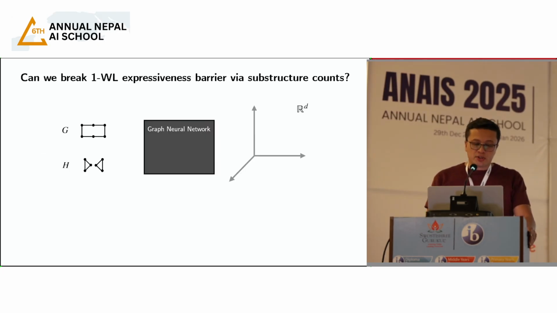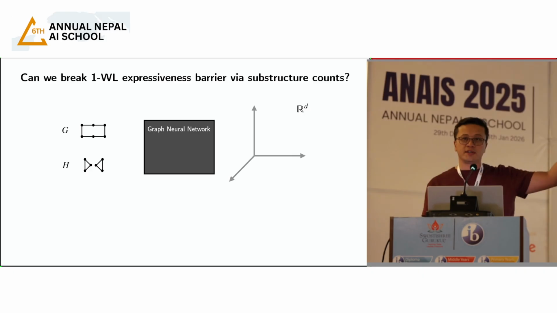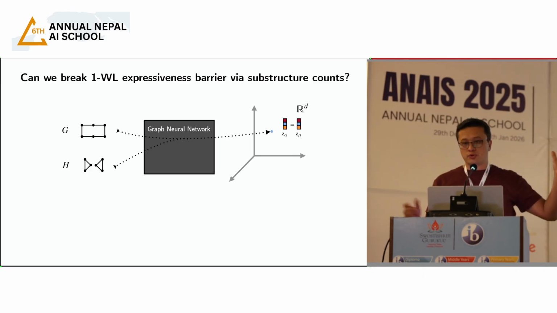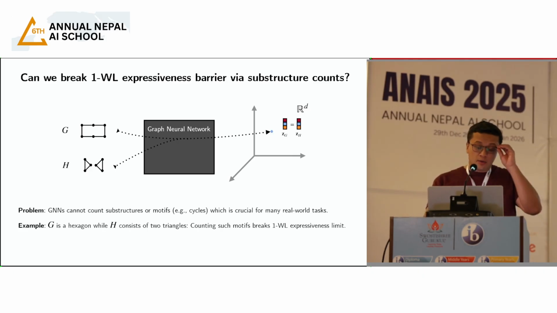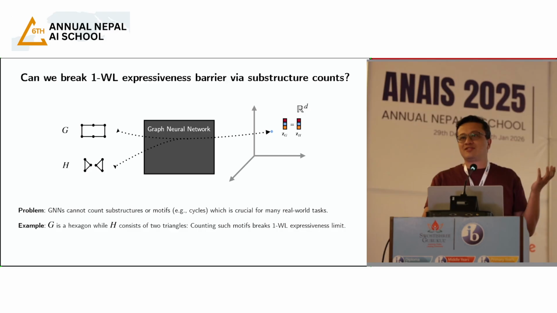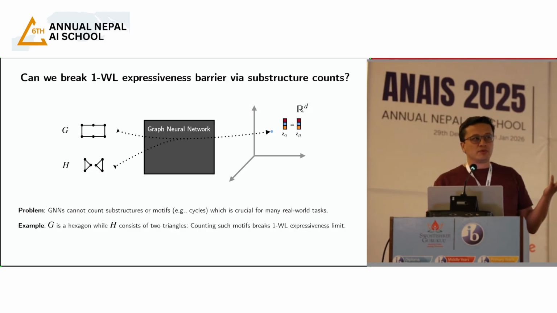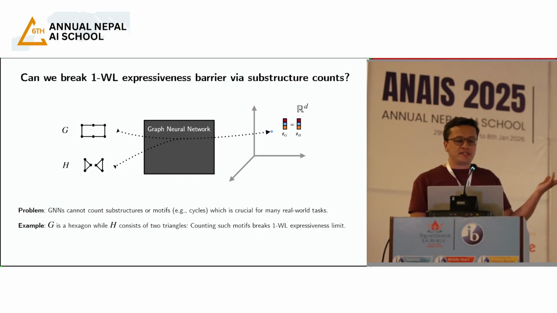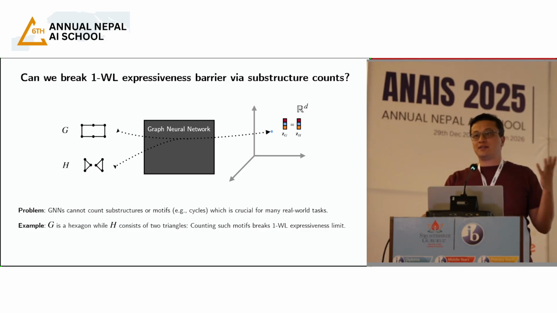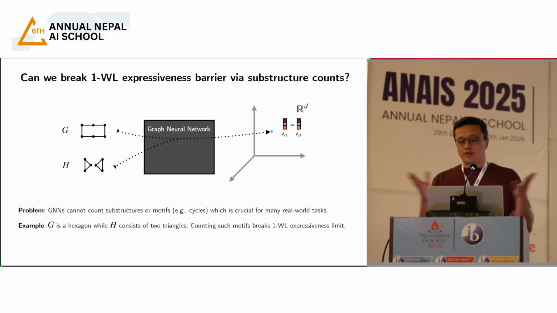So let's go back to the picture that we have seen earlier, right? We wanted to distinguish these two triangles from the hexagon, and the graph neural network couldn't do this. What does this mean? It also means that it cannot detect triangles, right? Because if the graph neural network was able to detect triangles, it would have seen that graph H has two triangles, whereas graph G doesn't have any, so it would have immediately separated them from each other.